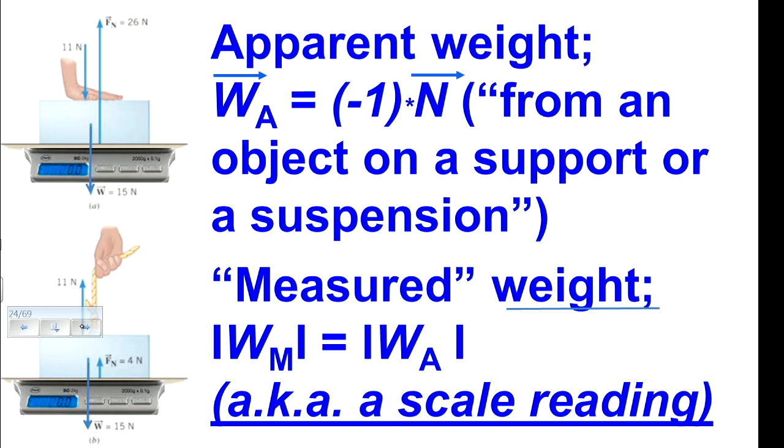That is the force acting from a scale on the object put on the scale. And according to this definition, the apparent weight always is equal to the magnitude of normal force. That's what we need to remember. So when people say calculate weight, they normally mean calculate the apparent weight, and that means we just need to calculate the magnitude of the normal force.